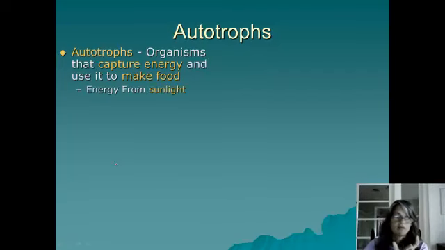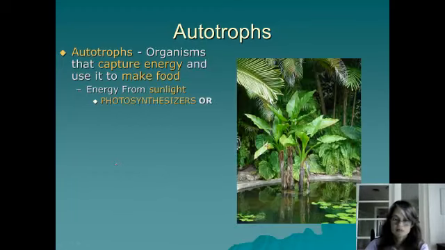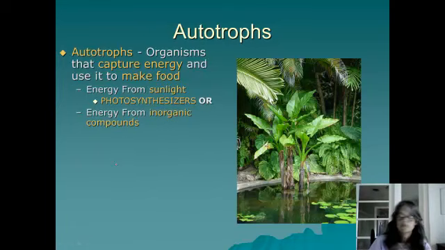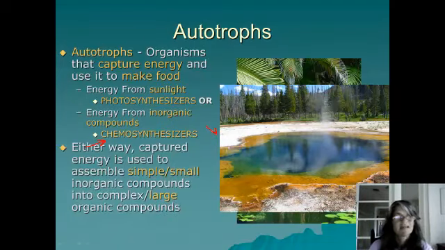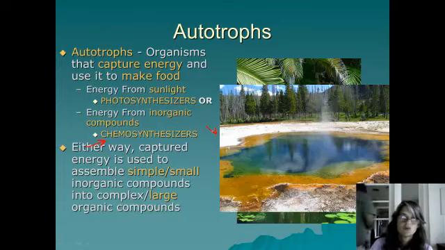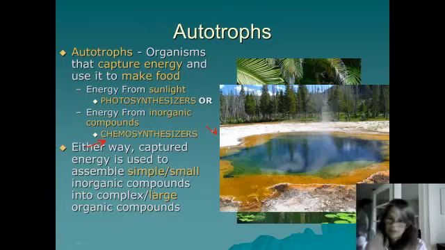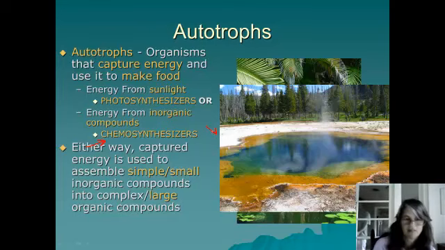For example, energy from sunlight is used by photosynthesizers to make food, to make sugar. But, as we already mentioned, energy from inorganic compounds is captured by chemosynthesizers and is used to make food as well, like organisms that might be near a mineral spring or near those deep sea vents. Either way, captured energy is used to assemble little molecules into big complex molecules.